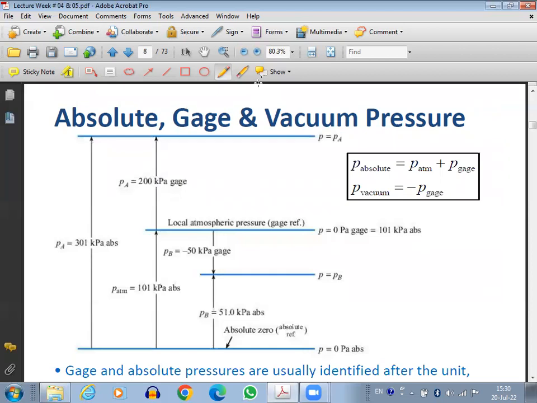Okay, let's first try to understand the concept of pressure. Suppose I have a container and there is air inside the container. Now, the container will have a certain pressure in it. The question is, why is there pressure inside the container?